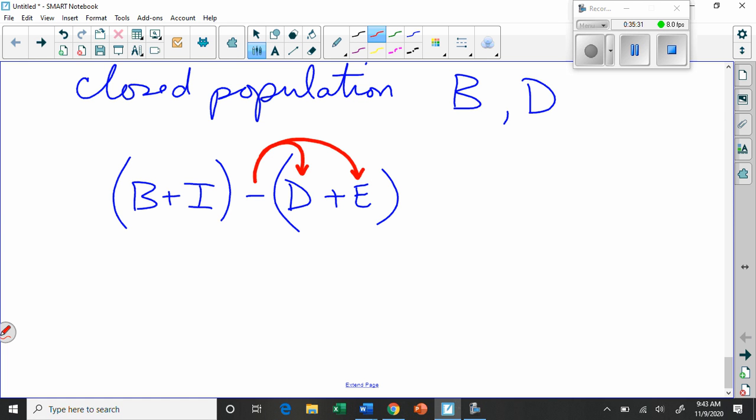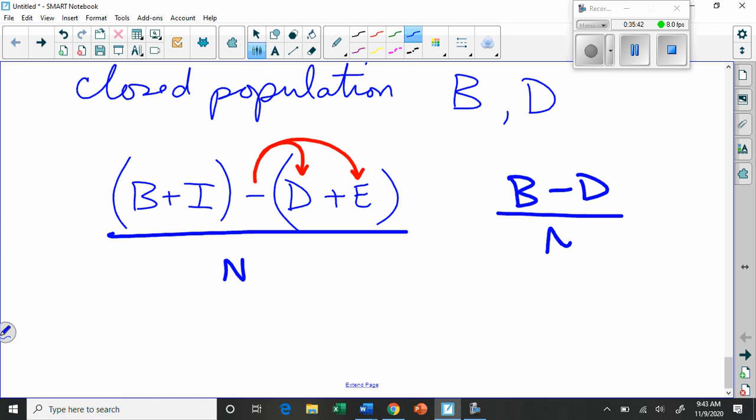Without the brackets, it would be minus D minus E. And then you divide that by the total number. Remember how we did B minus D over N right off the bat to get the per capita growth rate? Well, this would be an adjusted per capita growth rate that also takes into account immigration and emigration. So it's possible to do that.